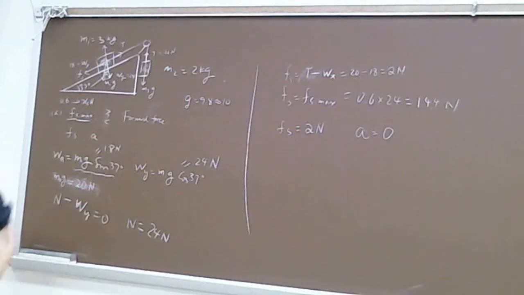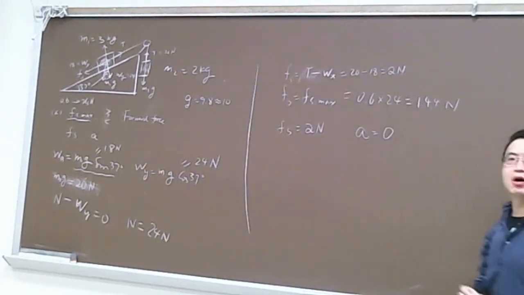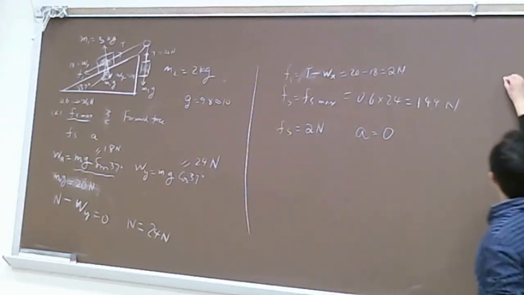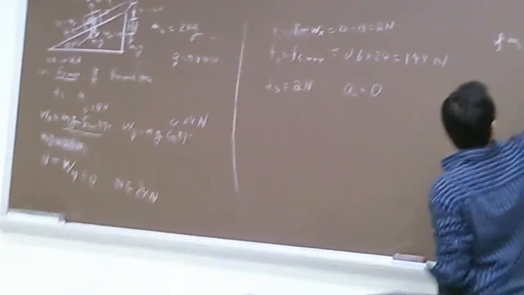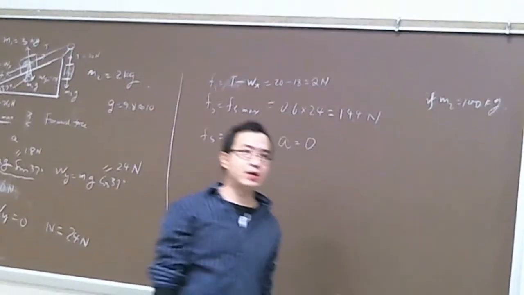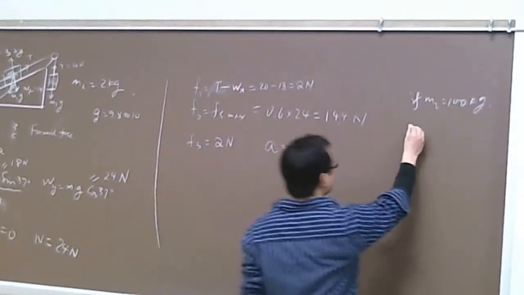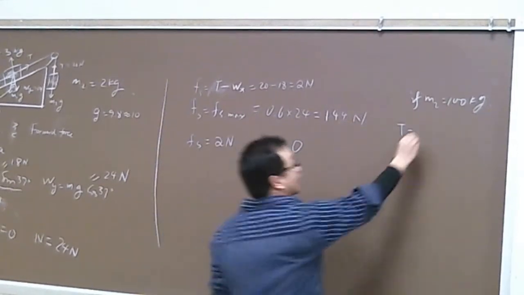And the opposite, contrary situation: think about if you have a very large mass M2. Say M2 equals 100 kilograms, a very large mass. Of course, it will move. In that case, what happens? The tension provided by M2 will be 1,000 Newton.